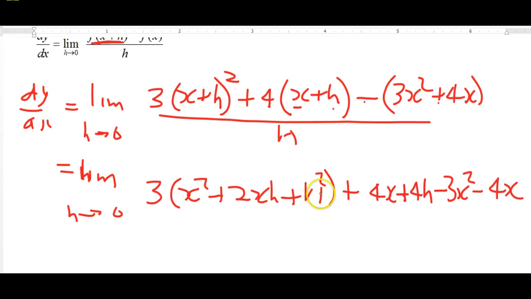Remember that this minus is affecting this. Then everything divided by h. So from here you can simplify everything. You simplify and then your final answer will give you this.